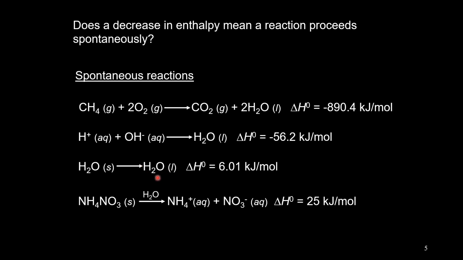You already know that if you put ice out at room temperature, it's going to spontaneously melt to become liquid. But think about the delta H involved. It must be absorbing energy in order to change from a solid to a liquid. So it's an endothermic process because the delta H is positive. But you already know it to be spontaneous.